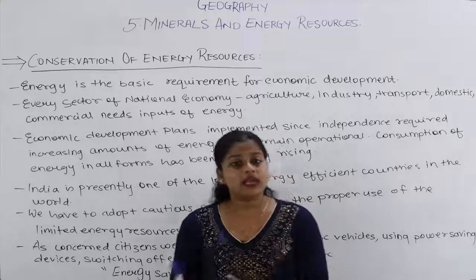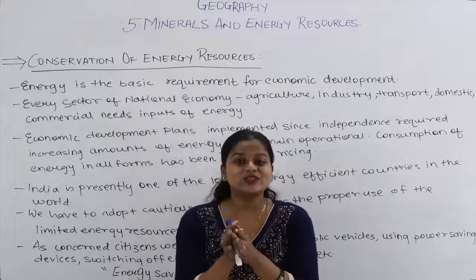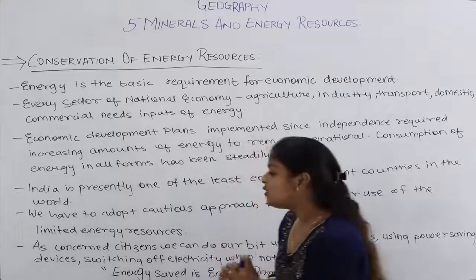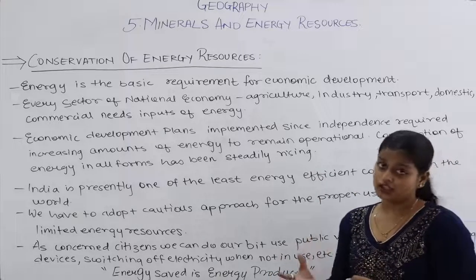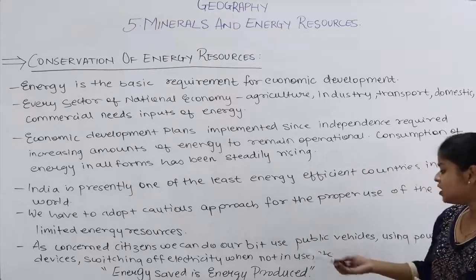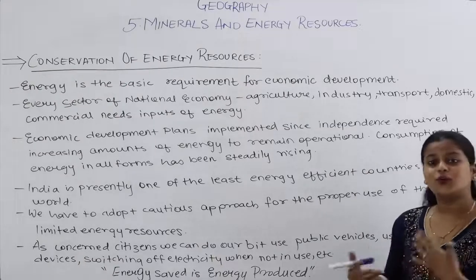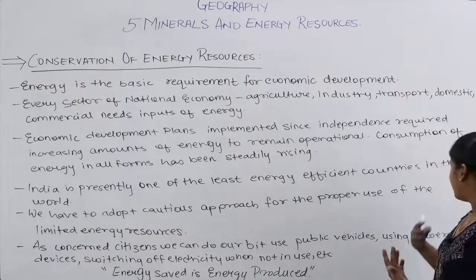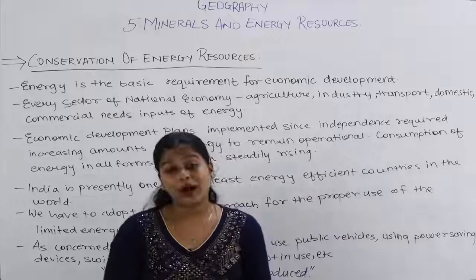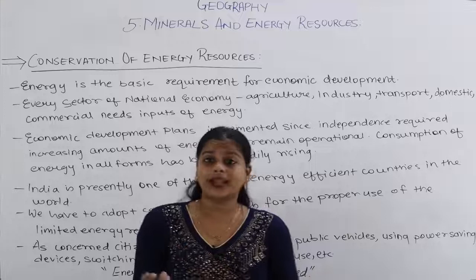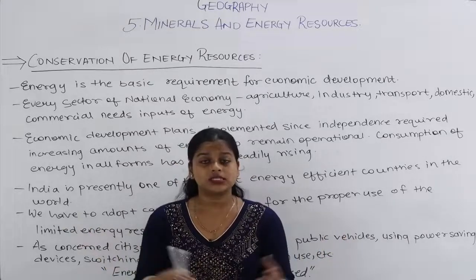So what can you and I, as citizens of our country, do? We can do a few things that could help save energy. We could use public transport for traveling around, and use power saving devices. We can also switch off electricity when we are not using it.